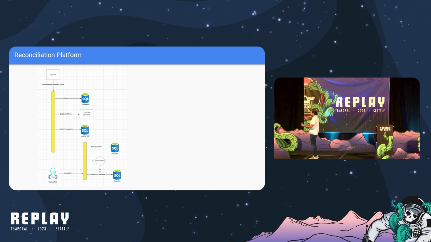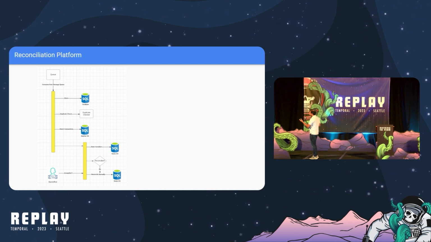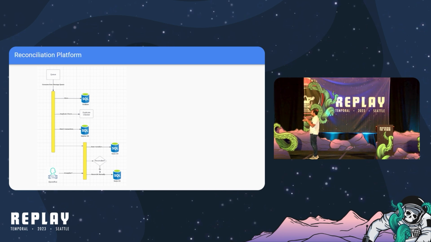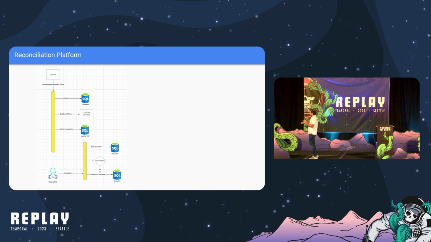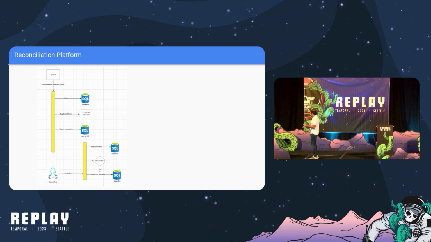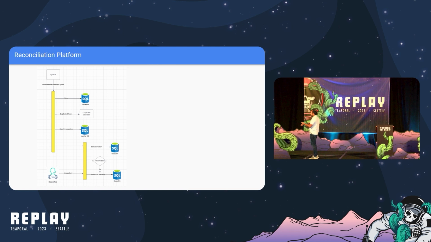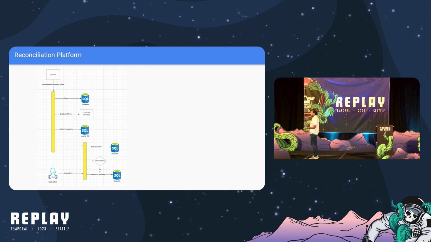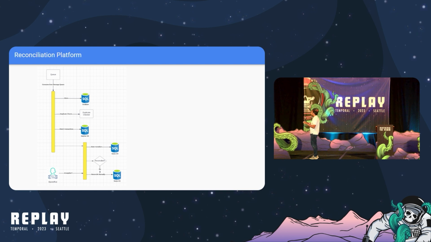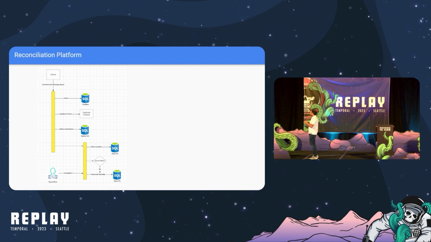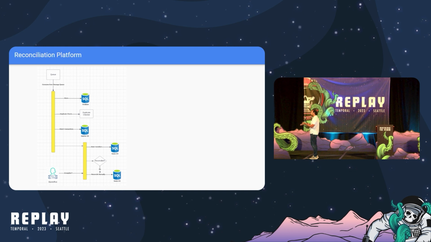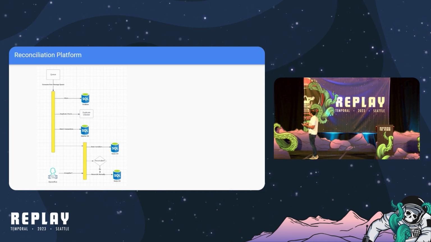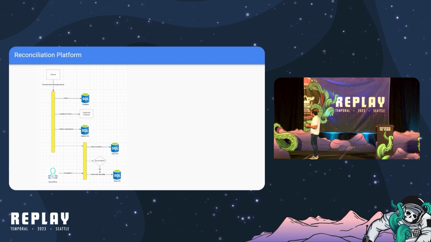Once you receive these three transactions, the workflow can check: is it reconciled? Do all the systems agree that $100 is being transferred from, let's say, Alice to Bob? If yes, then you change the workflow state to reconciled, or else you put it into some kind of manual queue where back office or operators can come in, look at what is happening, work on those exceptions, and then manually reconcile it. So yeah, this is a reconciliation platform.